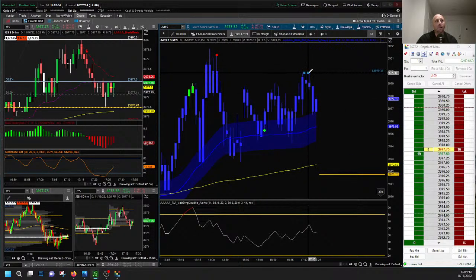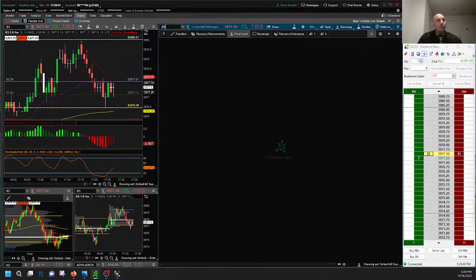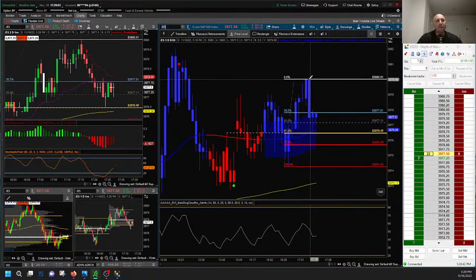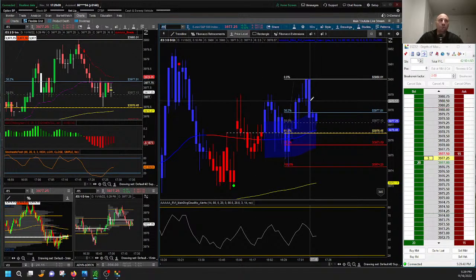Right here, we actually had a break higher on the MES, but on the ES we had a double top. So this is the cleanest product to trade. If you really try to micro scalp, I would definitely use the ES for what we're doing tonight.